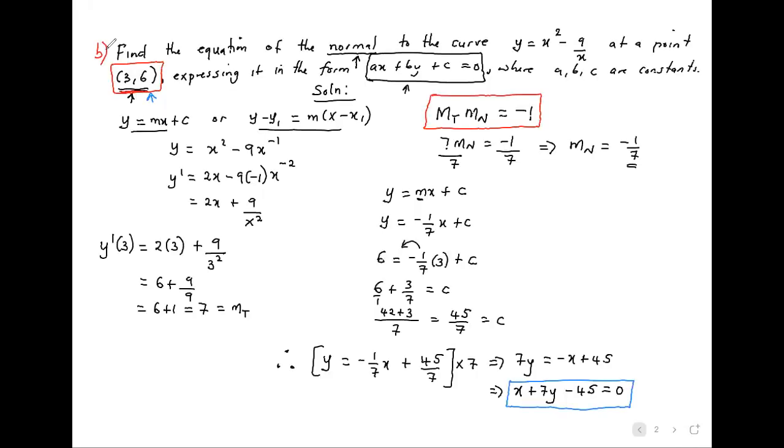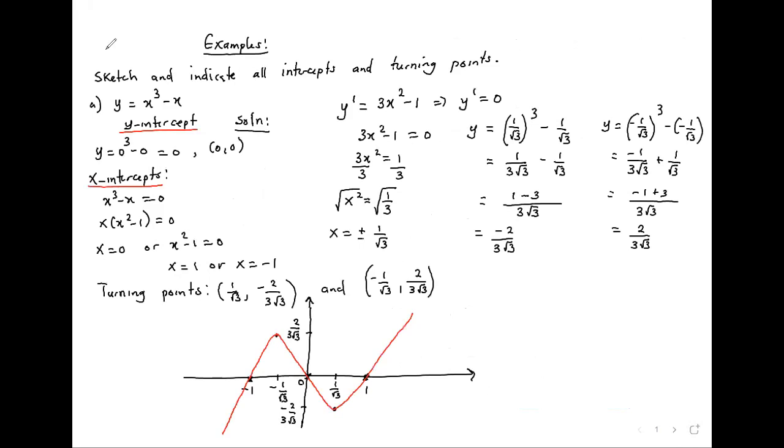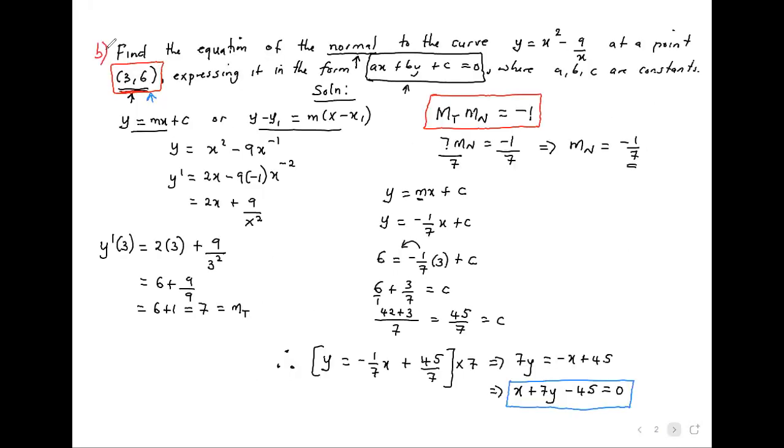This was B. Where was A? Okay, A was here. Let me say question 2. Find f prime of x.